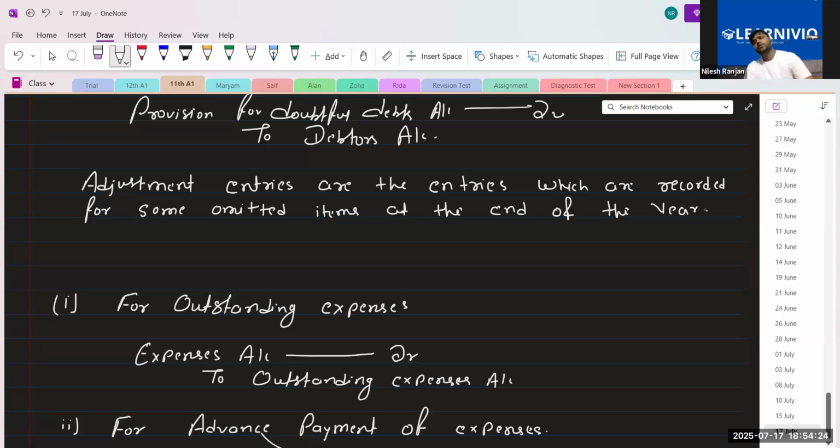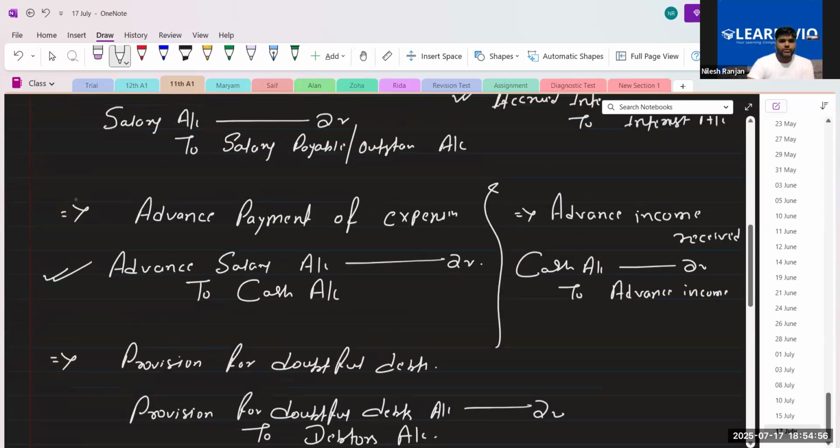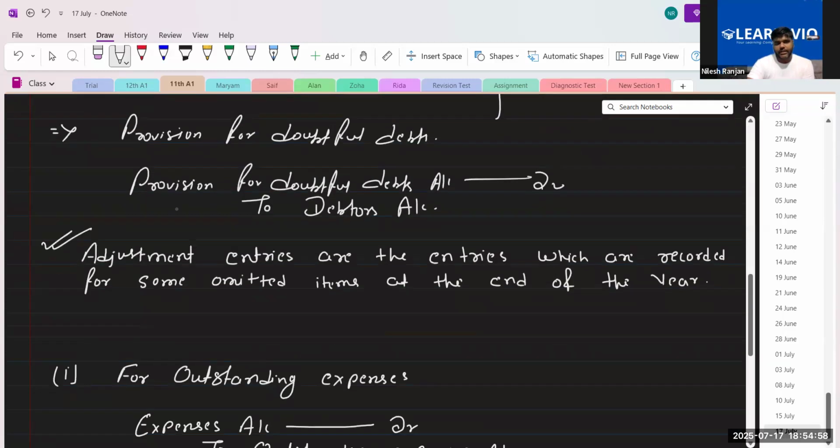So at the end of the year, there are some items which we generally have not recorded, like outstanding expenses and prepaid expenses. These are items which are not adjusted in the account, so they are adjusted at the time of final accounts that we prepare. At that time, these entries are passed. That's why adjustment entries are the entries which are recorded for some omitted items at the end of the year. So this is the heading, adjustment entries, and then write from here.